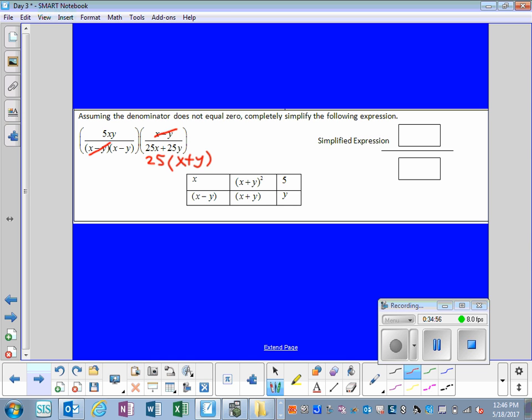I can simplify 5 over 25. It becomes what? The 5 goes on the bottom, right? 5 over 25 is 1 over 5. So what's left is xy on the top, and then 5 times x minus y times x plus y on the bottom.